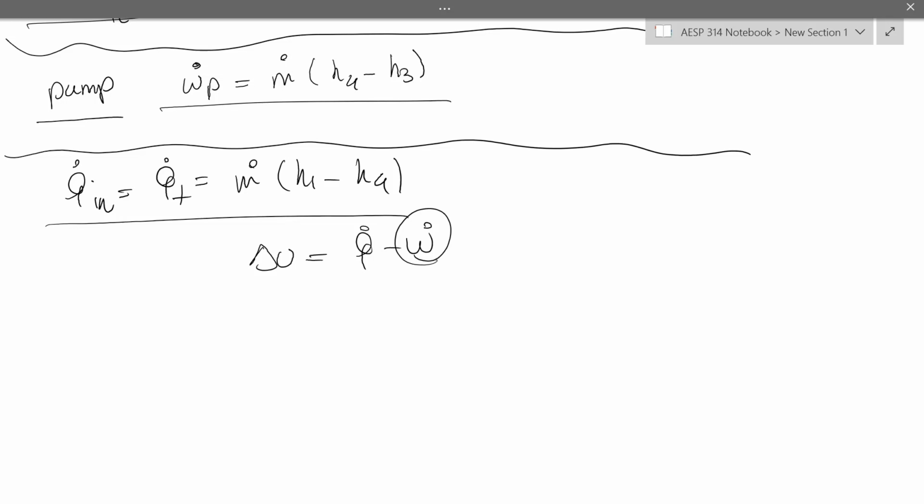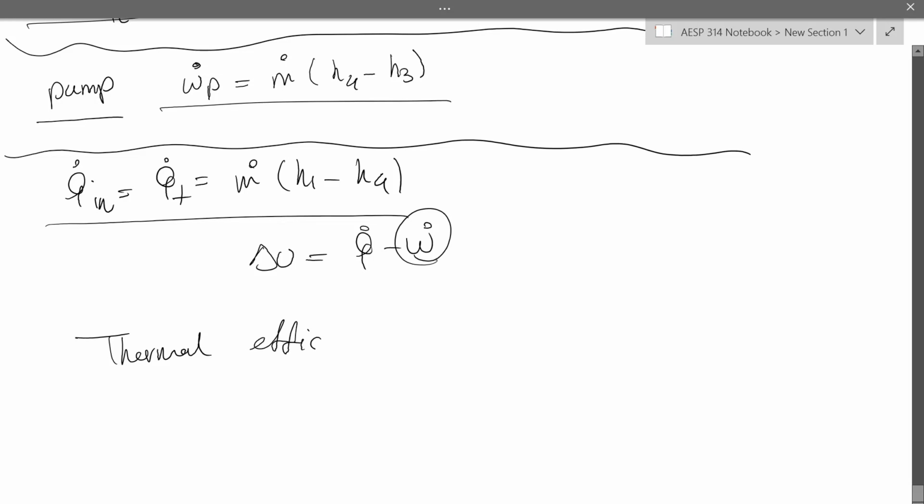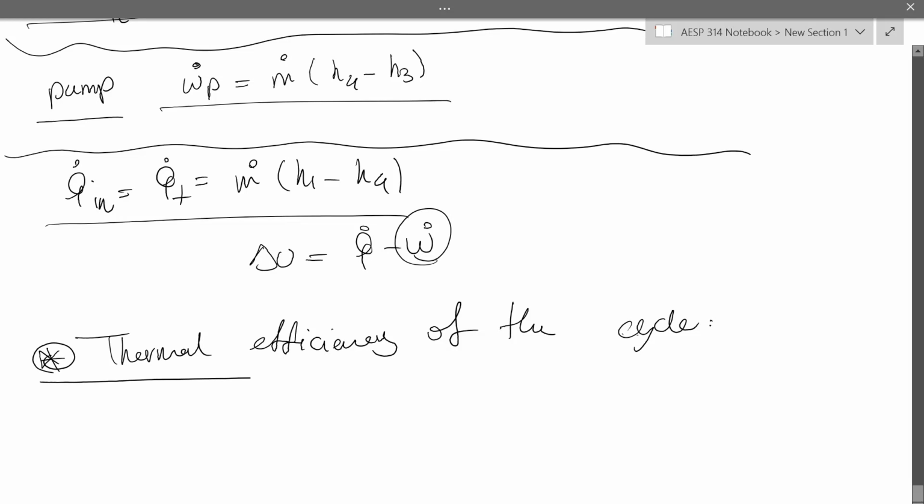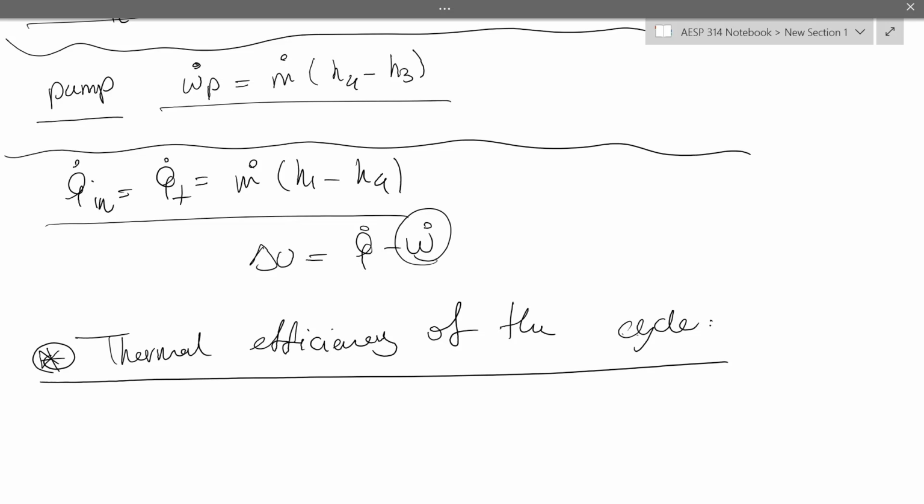So, there are a couple of things that we need to introduce here. And the first one is the thermal efficiency of the cycle. So, the idea here is that we put in some heat and we get some work out, right?